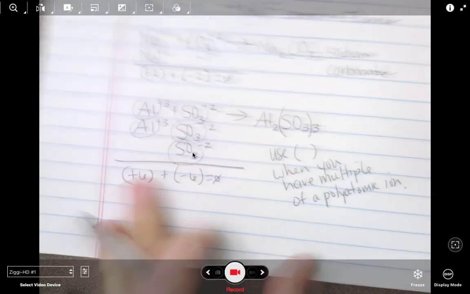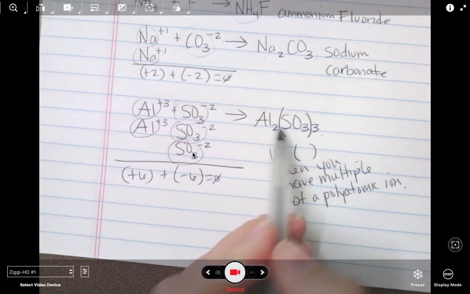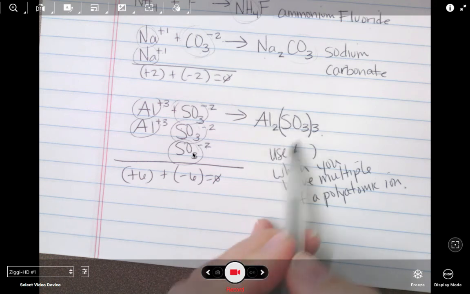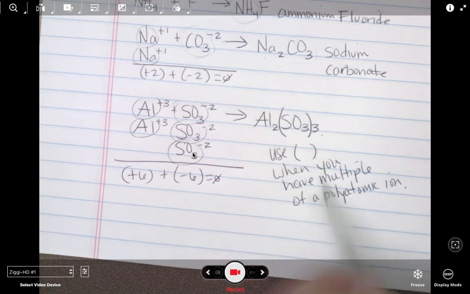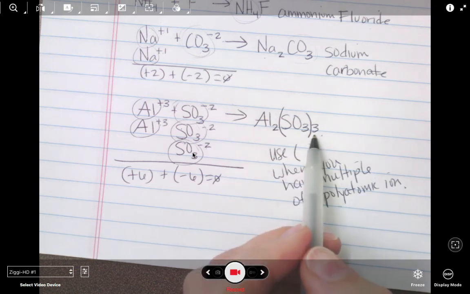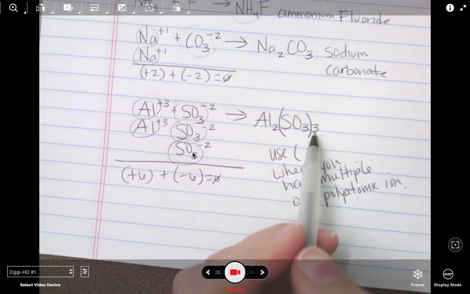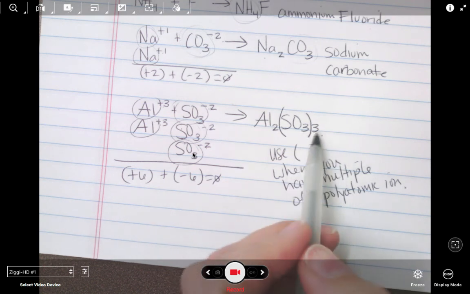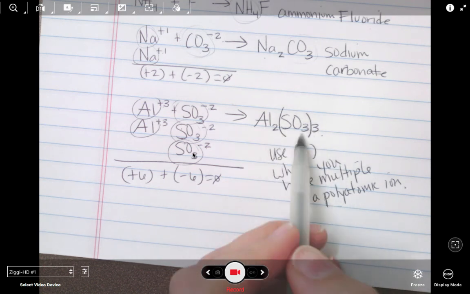Because there are 3 sulfites, I put sulfite in parentheses. Just the polyatomic ion goes in parentheses. And then you put the number of how many there are on the outside of the parentheses, so it doesn't look like you have 33 oxygens. This tells me that I have 3 sulfites.